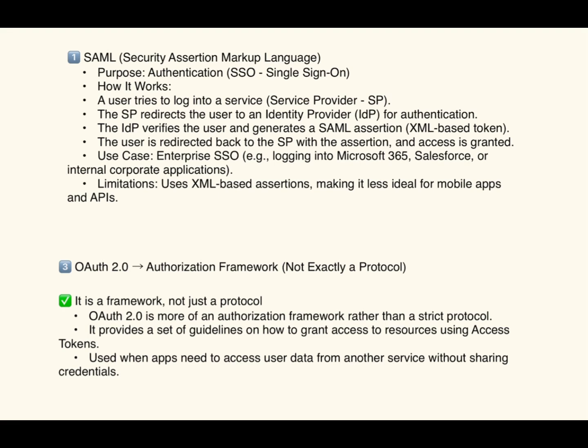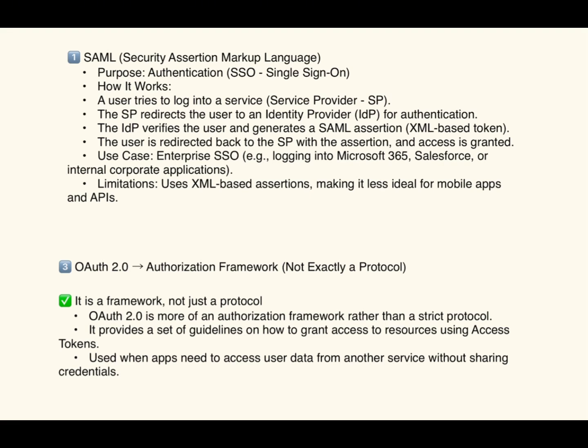So if a company X user accesses a website and no external resources are needed, for example, as I said, Google Drive API, OAuth 2.0 will not come into play. That is important to understand. OAuth is only needed when an application needs access to external resources or APIs on behalf of the users.